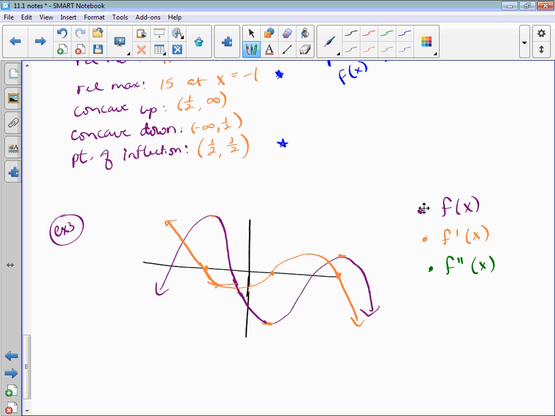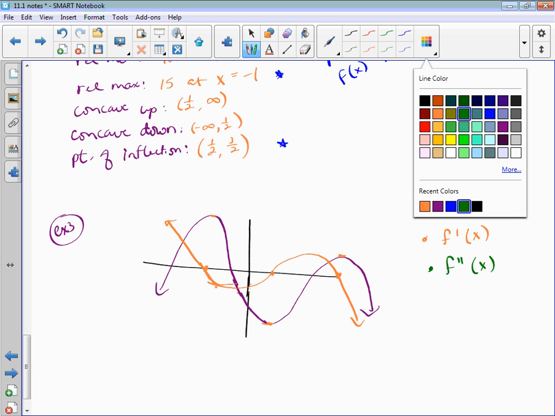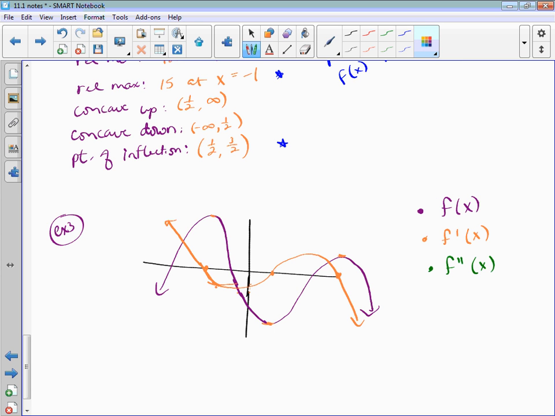So, there's a couple of ways you can look at this. What does the second derivative tell us? Concavity, yes. Good. So we're looking for where the purple graph changes in concavity. What else could we be looking at? So let's pretend the orange one is our original graph.